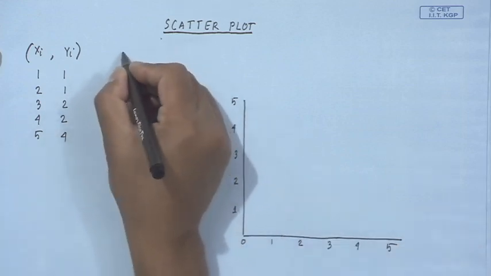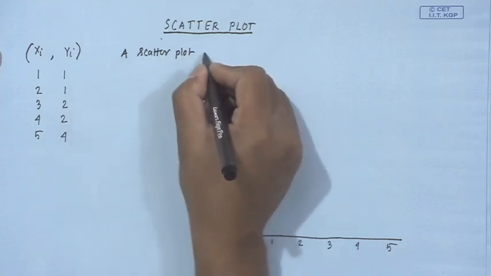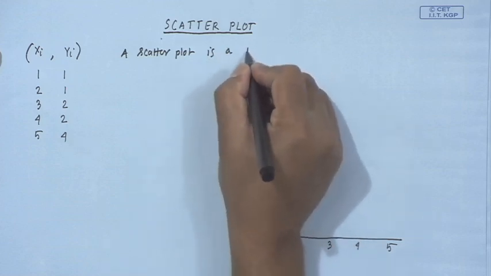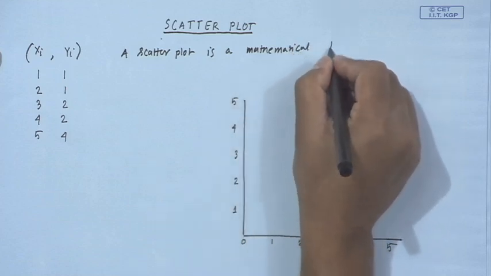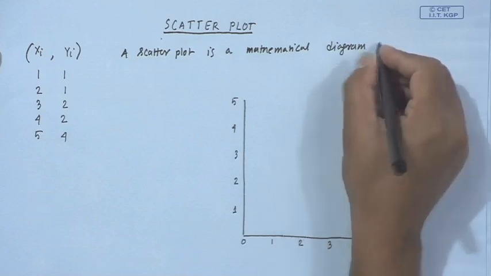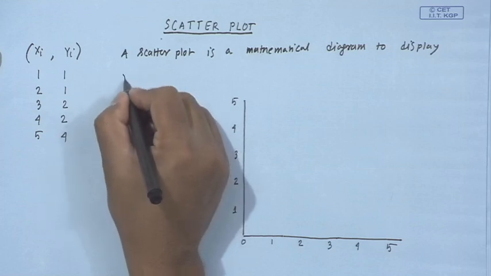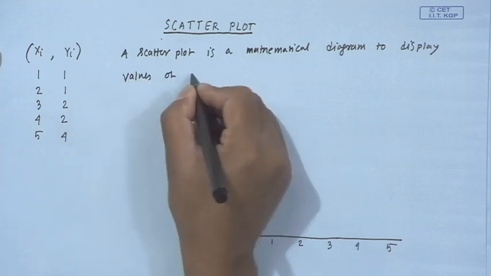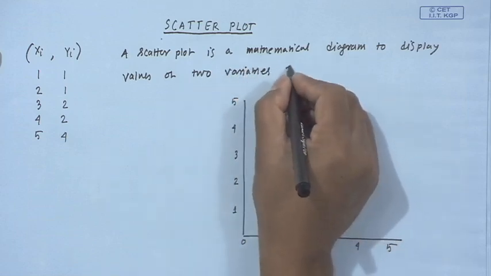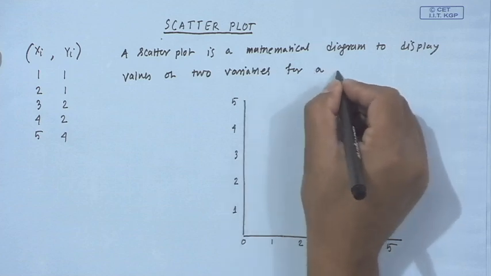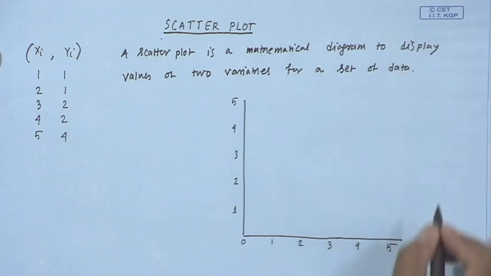Formally, you can say that a scatter plot is a mathematical diagram to display values of two variables for a set of data.